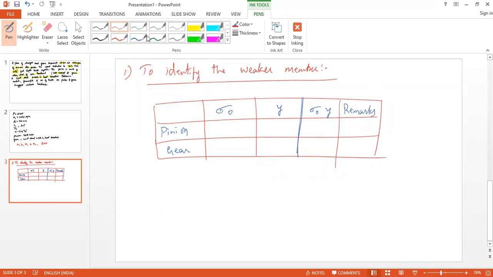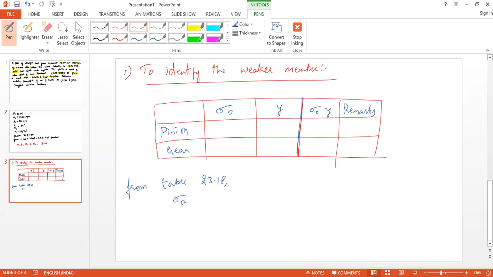So what is sigma O1 and what is sigma O2? This is from table 23.18.